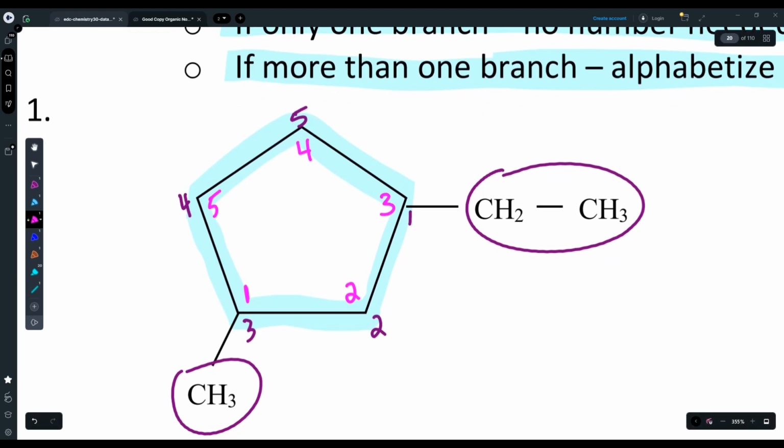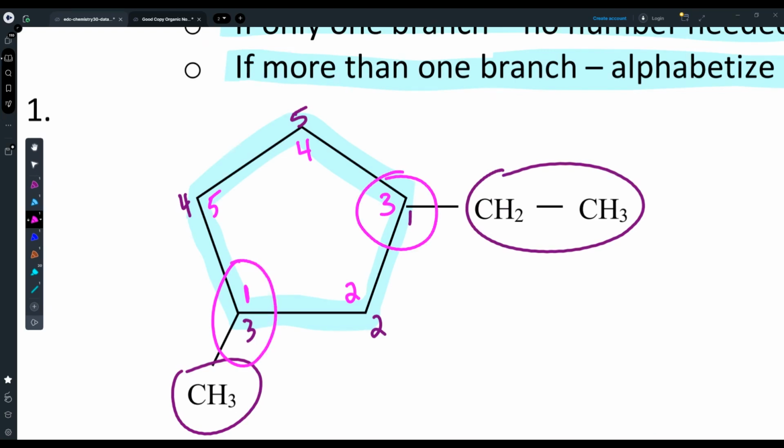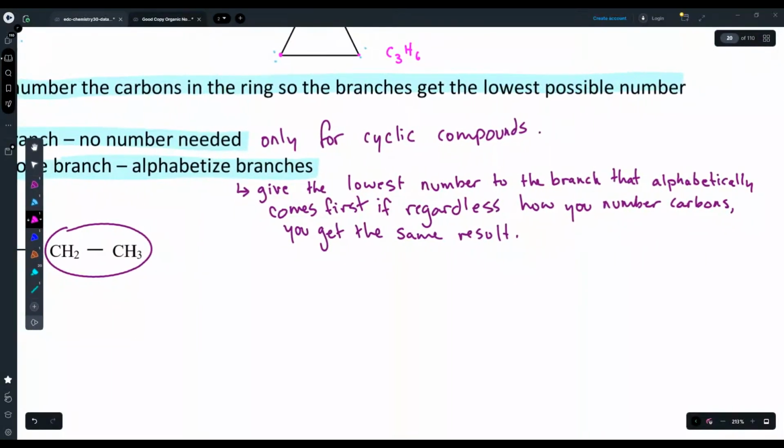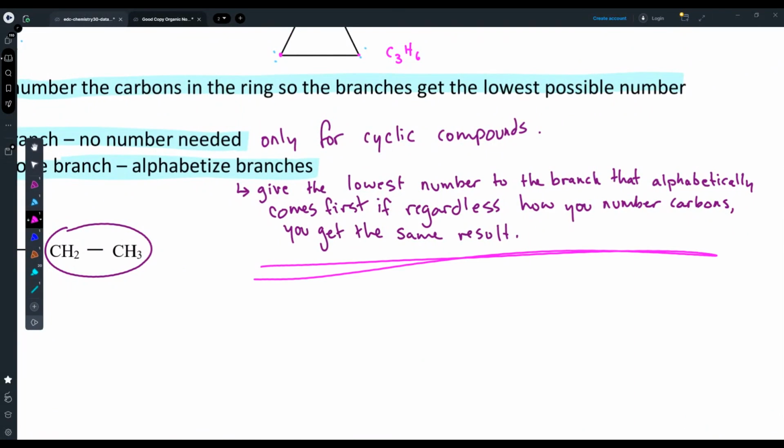In this scenario, it doesn't matter if you use the pink or the purple numbering, your branches are still either on carbon 1 or carbon 3. That ties back into the rule that you give the lowest number to the branch that alphabetically comes first, if regardless of how you number your carbons, you get the same result.